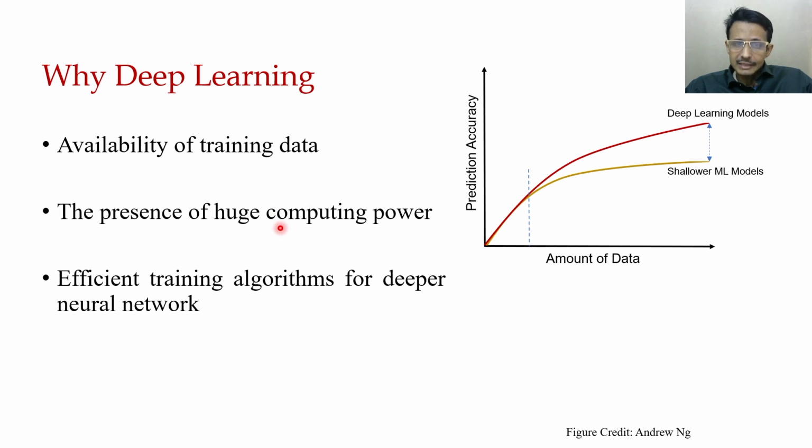Another thing, since a lot of data is involved here and a lot of computation, because it is a layer by layer structure, and in deep networks there are a huge number of hidden layers in between, it requires huge computing power.